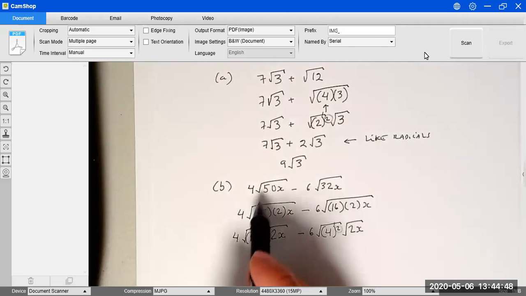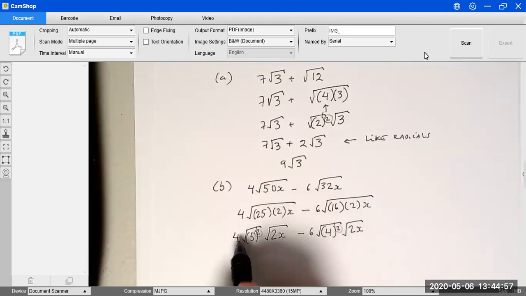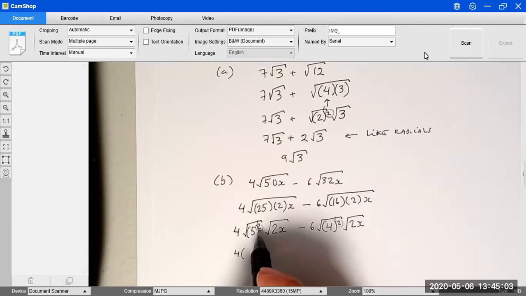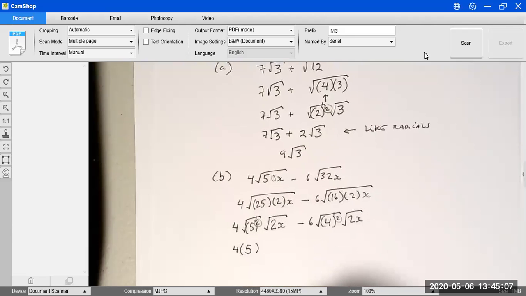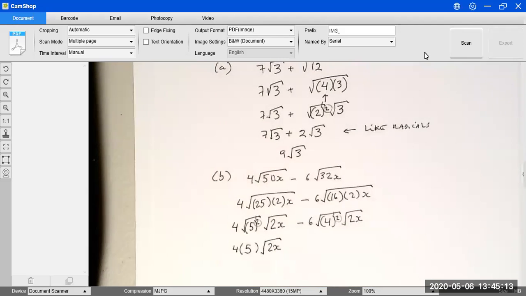So remember, coefficients are multiplying the quantity that is next to them. So in this case, 4 is going to multiply what is left from the radical that contains a perfect square. So what is that? It's just 5, right? Then I have times the radical containing the non-perfect squares.